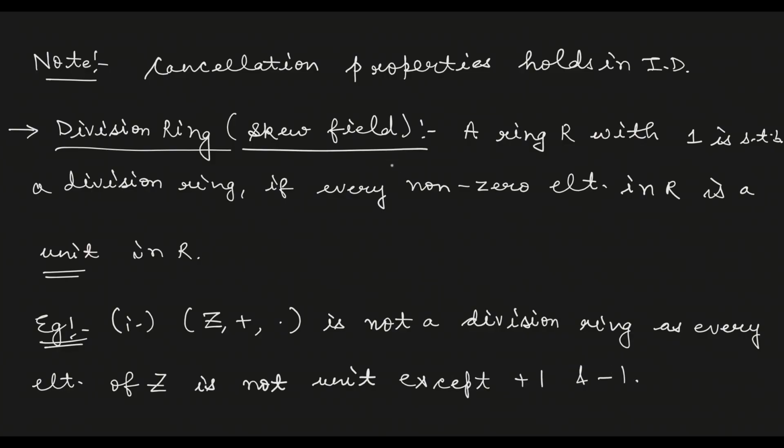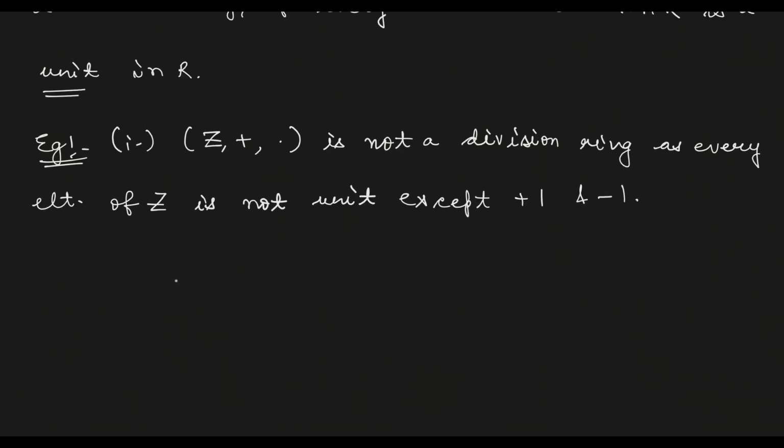We have discussed in this definition that every non-zero element must be a unit, but in the case of integers we have only two units, +1 and -1, so it is not a division ring.